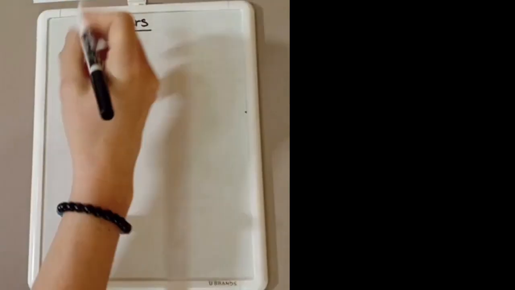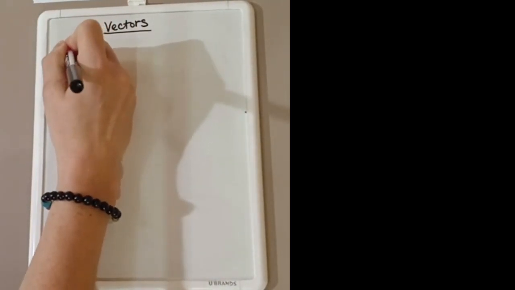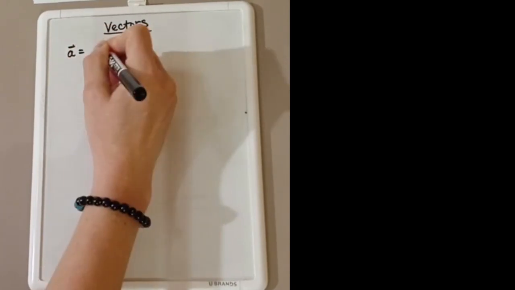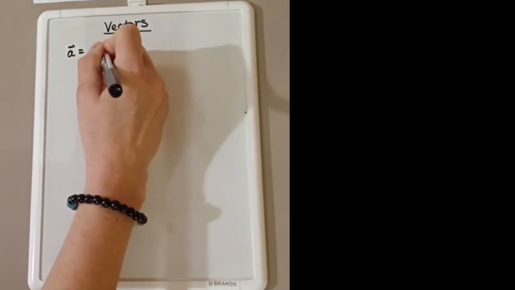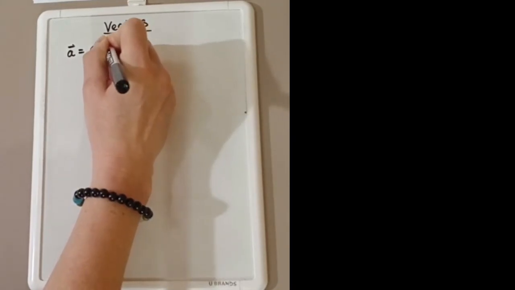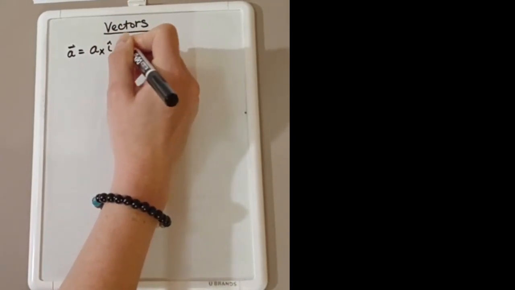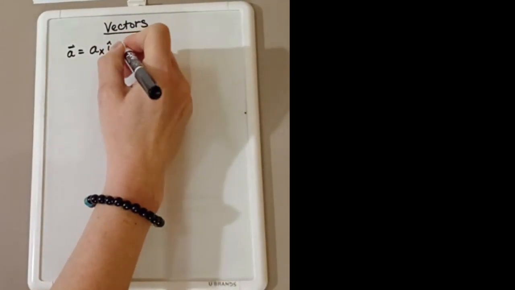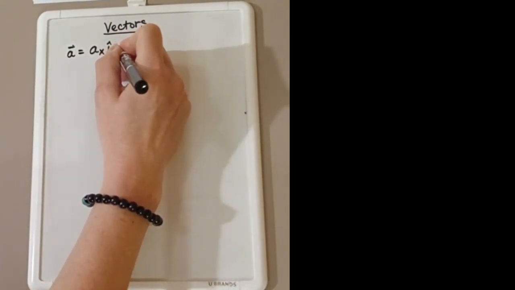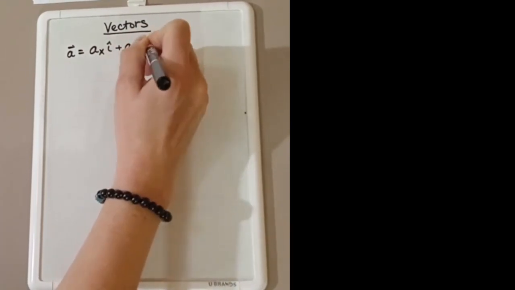V is usually for velocity, so we'll just go with vector A. So you would have a component, I'm going to call it AX, A sub X, and I'll get to this notation in a second. Our direction is going to be an I hat is what we're going to call it. So I'm just going to write this out and then we'll talk about what it means in a second.